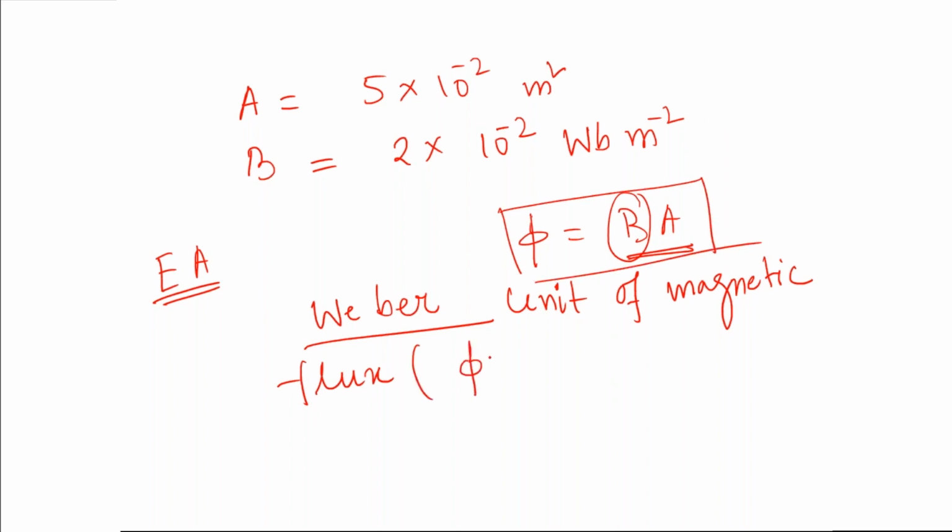So see the unit. If I know the unit of this, I can find out the unit of B. So the unit of this is actually Weber, written as Wb. And this is area, so it will be meter square. Weber and meter square. So this unit is Weber per meter square.